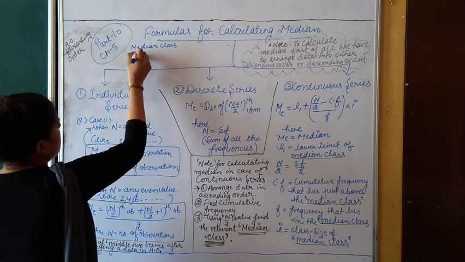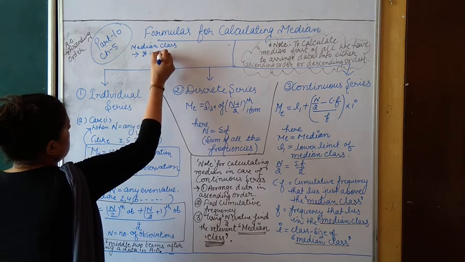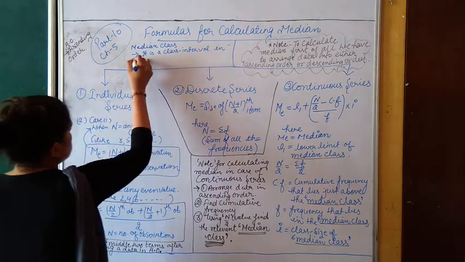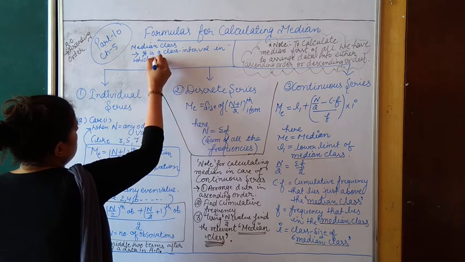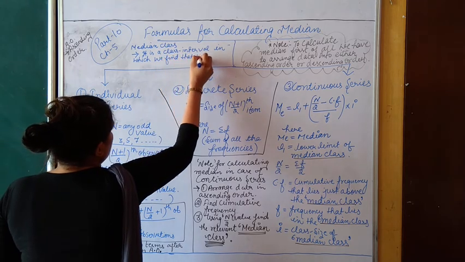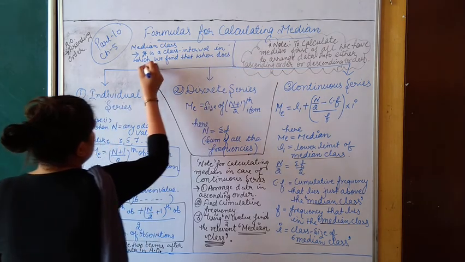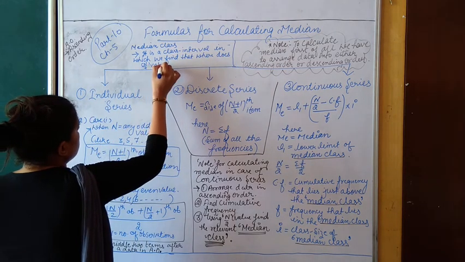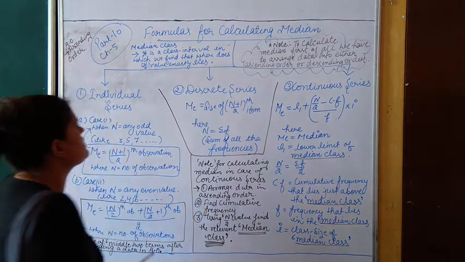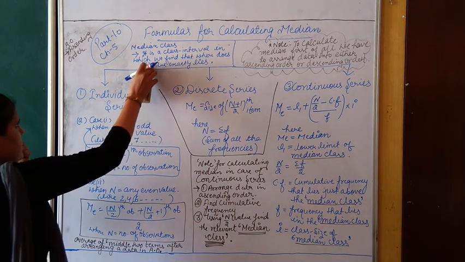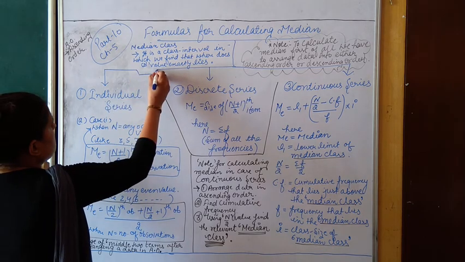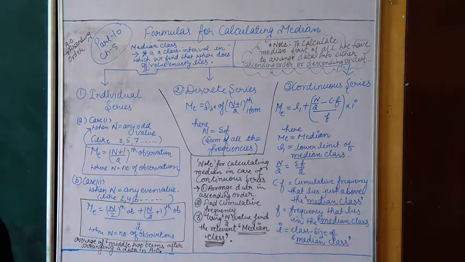Median class: it is a class interval in which we find where the n by 2 value exactly lies. Clear also? Where does your n by 2 value exactly lie?